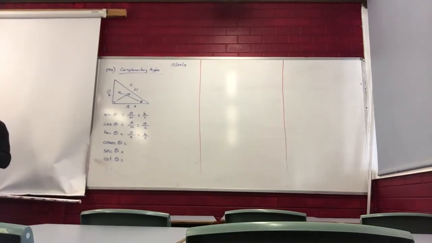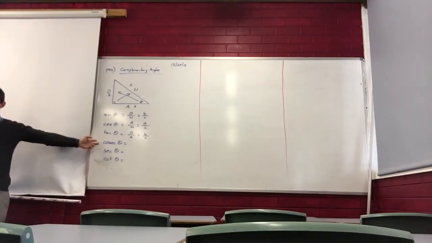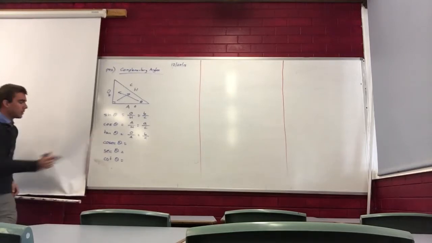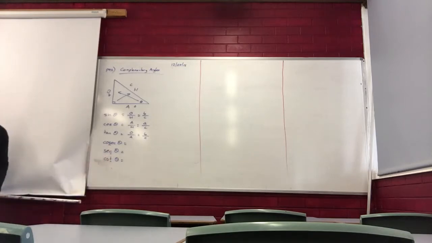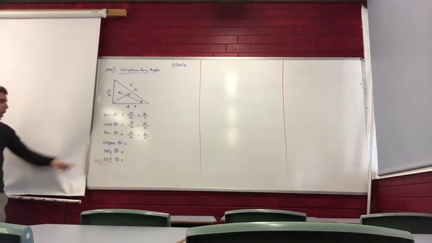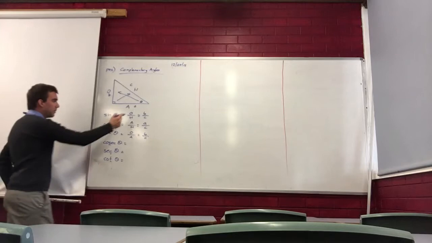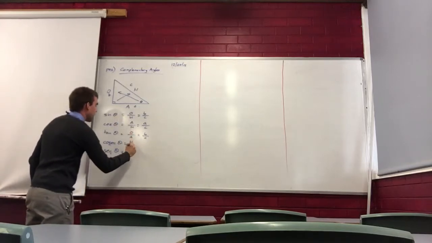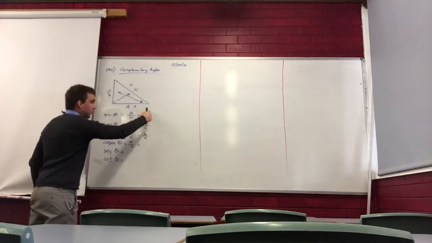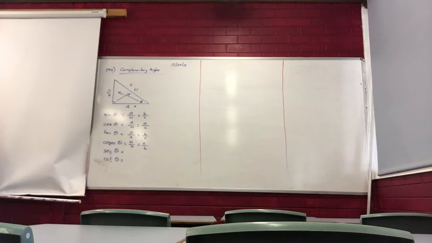Now remembering our three new ratios, these are called the reciprocal ratios. Take the third letter of each of those, and that will give you what you need to take the reciprocal of. S is the third letter for cosec, so we're taking the reciprocal of sine. Basically, we need to flip the fraction over, so flip both those fractions over there.